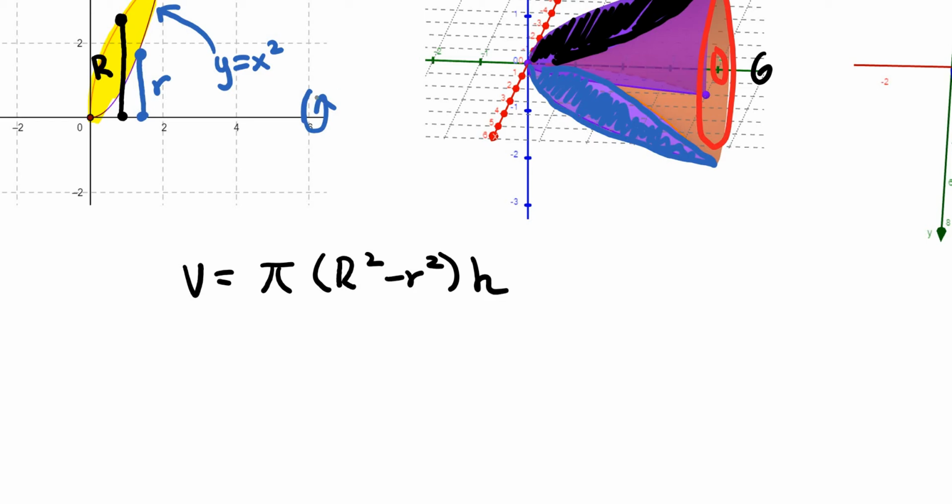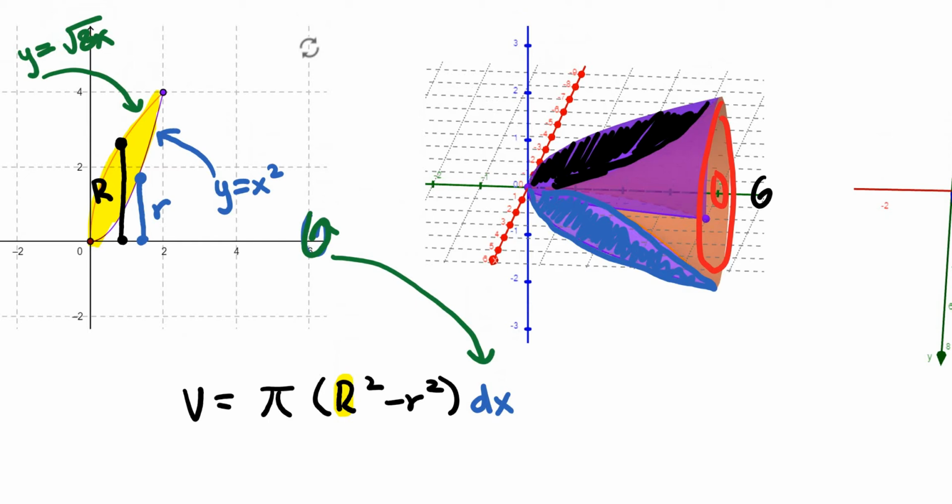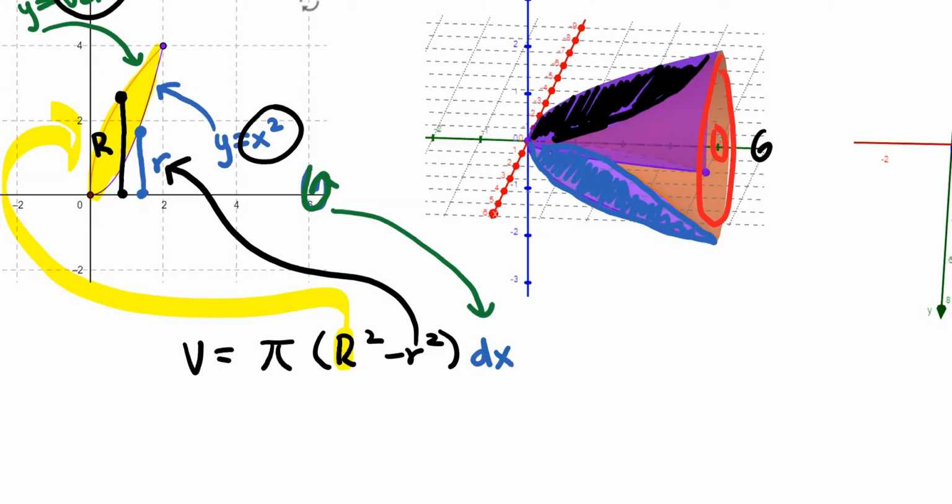And since we're rotating this around the x-axis, that means your h has to be dx. And then if I take a look at my big R here, that's pretty much going to be this function right here, and that represents root 8x. And my little function is going to be that part right there, which represents x squared. So I just insert those two functions into my volume equation here.